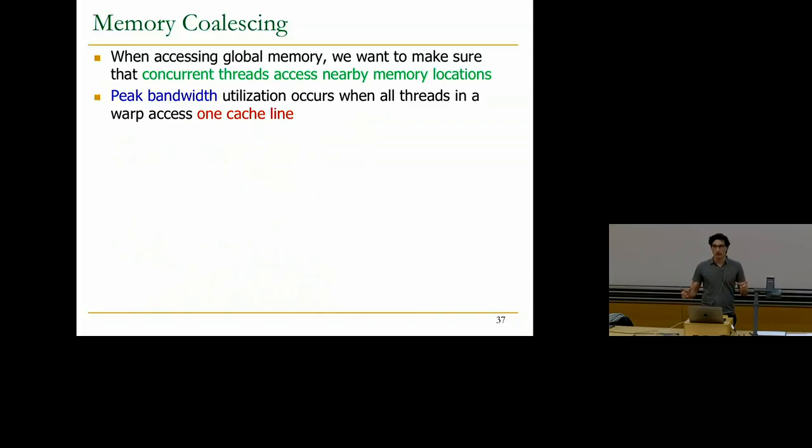One cache line typically is 128 bytes in these architectures. So if I have these 32 threads accessing bytes or words that are in these 128 bytes, I will get the maximum possible bandwidth. And so how should we do that?